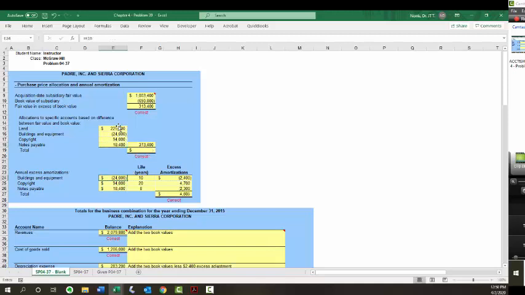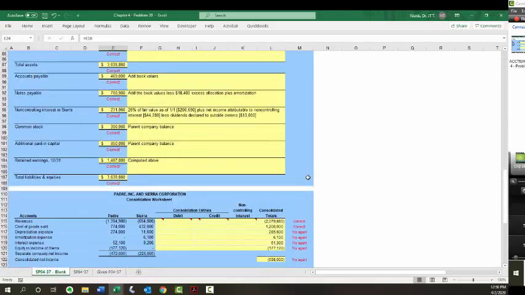There we go. And that equals exactly the $313,400 that we paid, giving us 0 in goodwill. And then down below, the chart was automatically populated. The building had excess amortization, remaining 10-year life, copyright 20, note payable 8. So there's our various amounts for that.